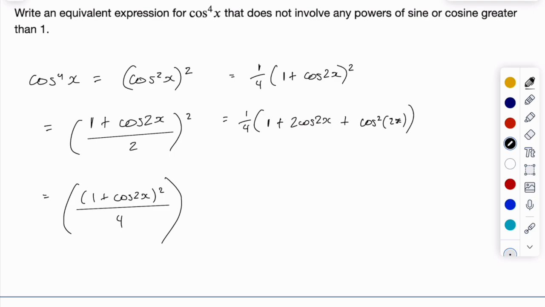Fantastic. So what's this going to give us then?